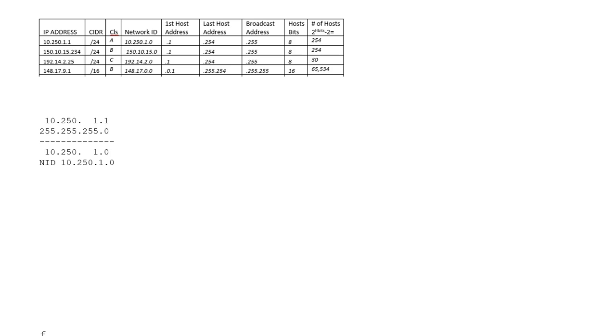The next thing we need to do is figure out the first host address and the last host address. A host address is an address that can be given to a device. So it could be a router, a switch, a PC, a server, any device that gets an IP address.